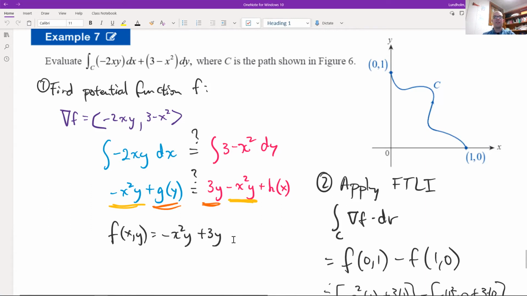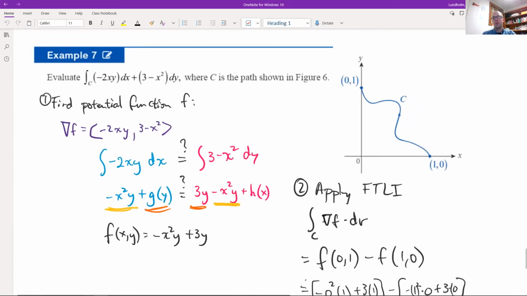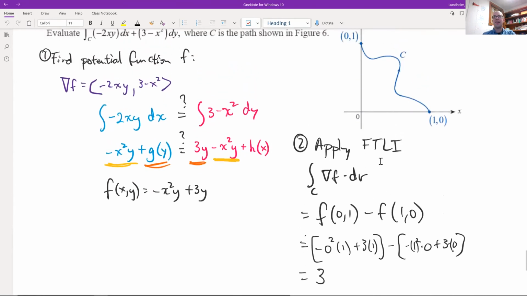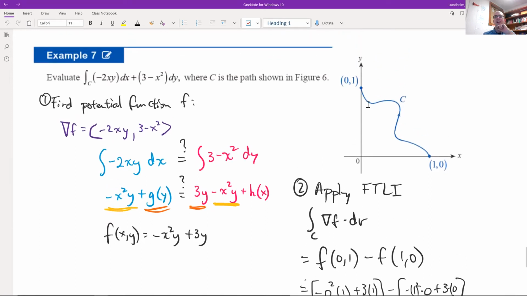And then after figuring out the potential function, we just apply the fundamental theorem of line integrals and do endpoint minus starting point. Oh, and we know which one is which because there's this little arrow right there in the middle.